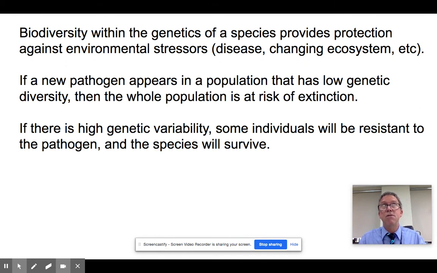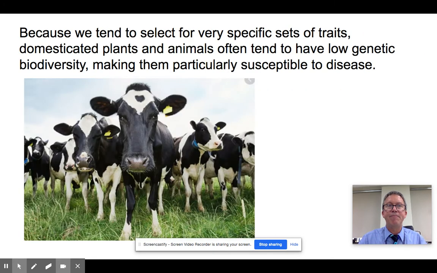And so the possibility of them going extinct is quite high. Or, for instance, if you have a lot of variability within the population's genetics, then if some sort of environmental stress occurs, some of them are better adapted to handle it than others, and they might survive and then adapt and evolve over time. But if you have limited genetic diversity, that's not going to happen.